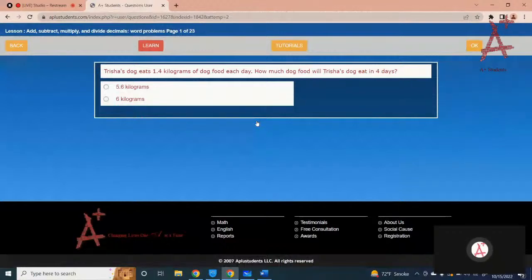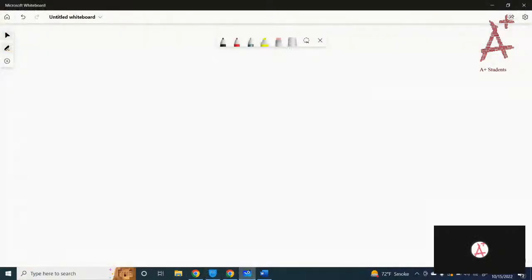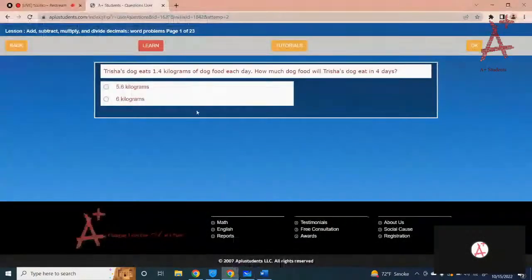So you have to do 1.4 times 4. Got it? 4 times 4 is 16. Write the 6 over here and carry the 1. Then 4 times 1 is 4, and add the carry, so it would be 5.6. Got it? Select the correct option and click on the OK button.